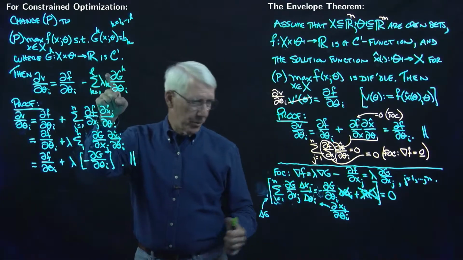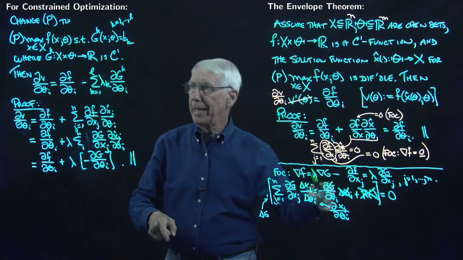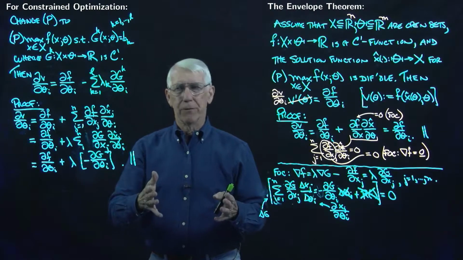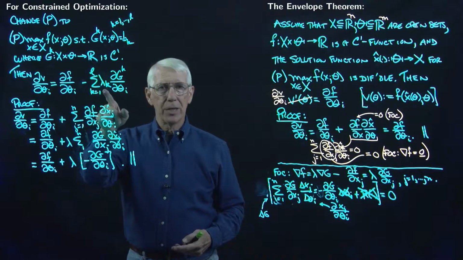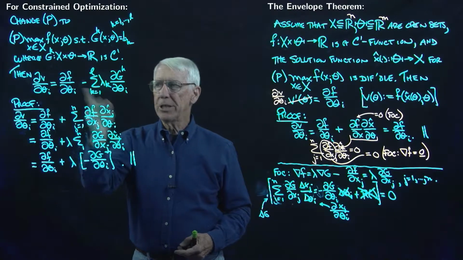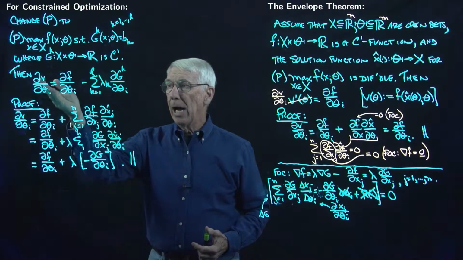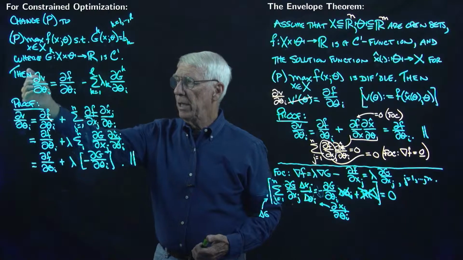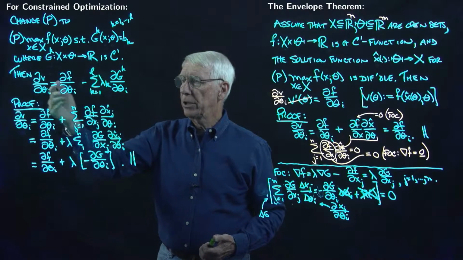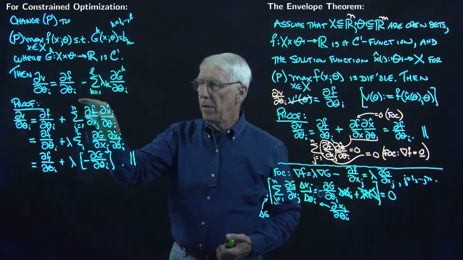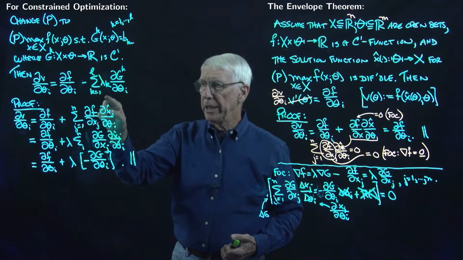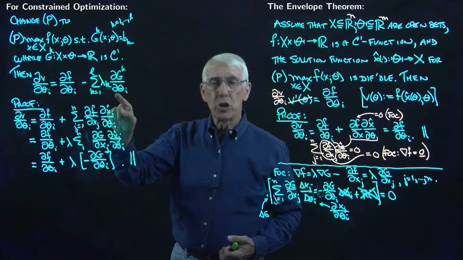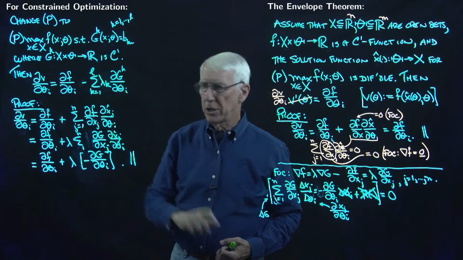So we're still working with the derivatives of g with respect to theta as we were before, as we did here, but now there's a bunch of g functions, and so we have a Lagrange multiplier for each of the constraints, and so our envelope theorem tells us that the derivative of the value function will be this expression with a linear combination of the constraint derivatives, the derivatives of the constraint functions.